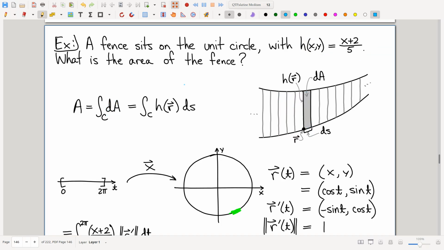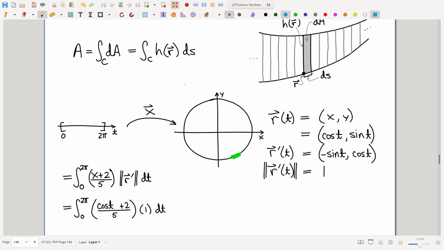Alrighty. So, to compute that scalar line integral, I know that the move is to parameterize my curve, being the unit circle. Conveniently, we have an existing parameterization for the unit circle.